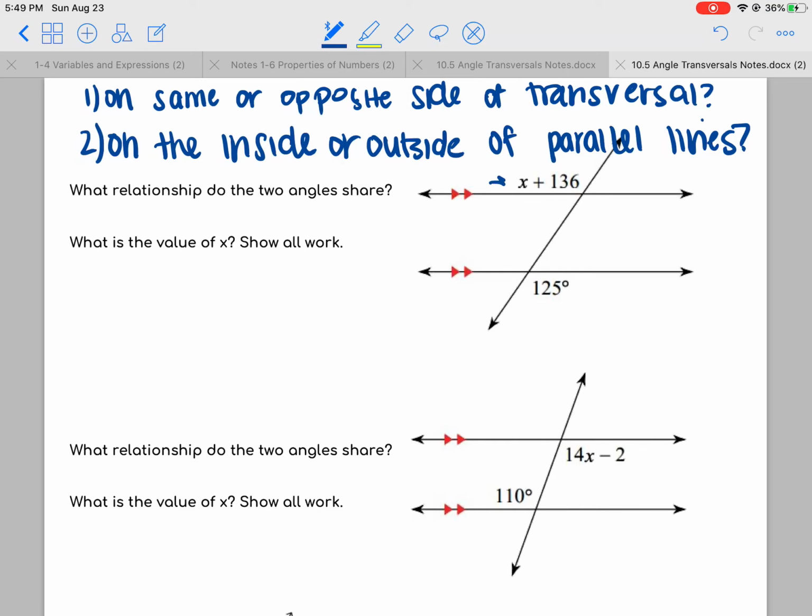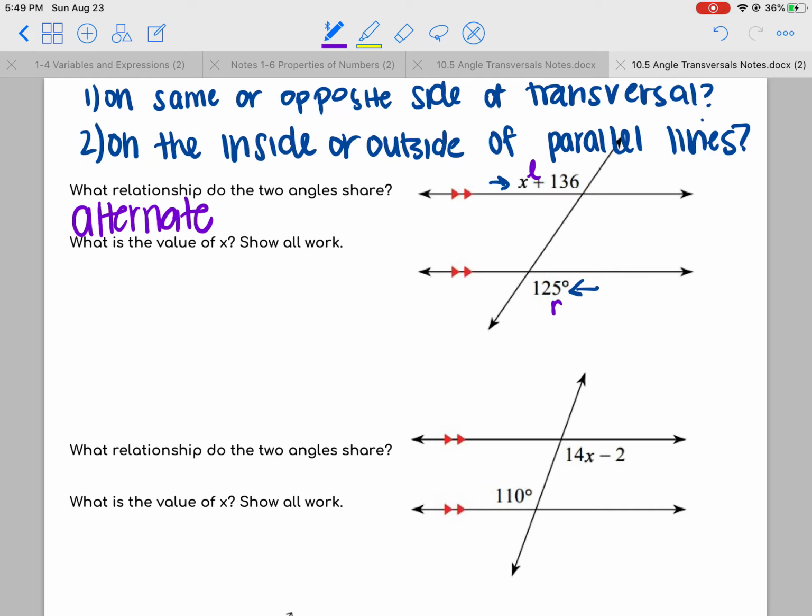So, I have this angle and this angle. First I need to ask myself, are they on the same or opposite sides of the transversal? Here, I'm on the left of the transversal, and here I'm on the right. So, they are on opposite sides. If they're on opposite sides, I know they will be alternate. So I've got half of my characteristic down.